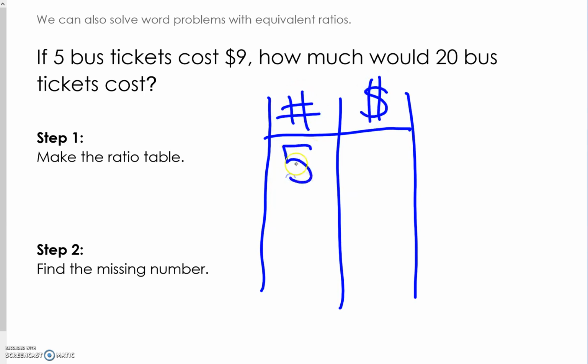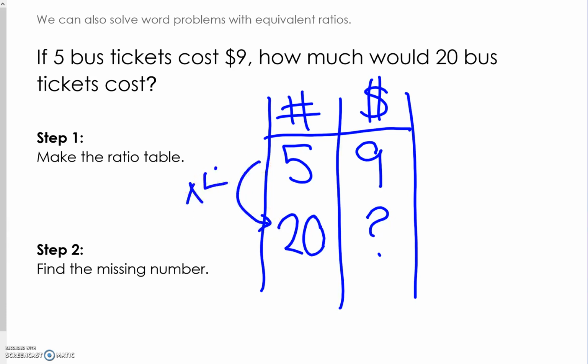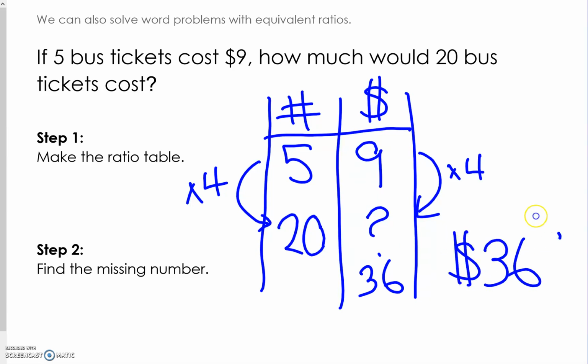We know that 5 bus tickets cost $9. 20 is the number of bus tickets, and we are trying to find how much it costs. So, to go from 5 to 20, we multiply by 4. Therefore, 9 times 4 is $36. 20 bus tickets will cost $36.